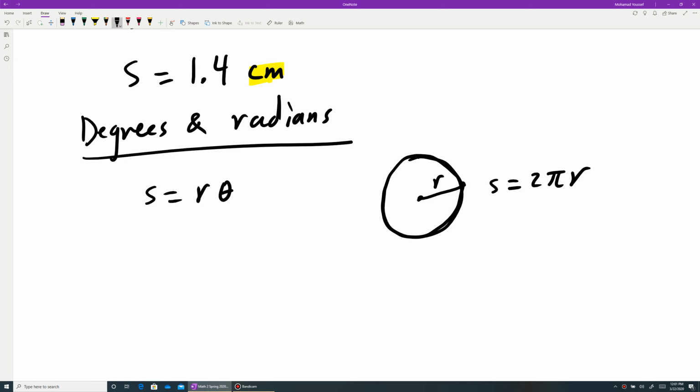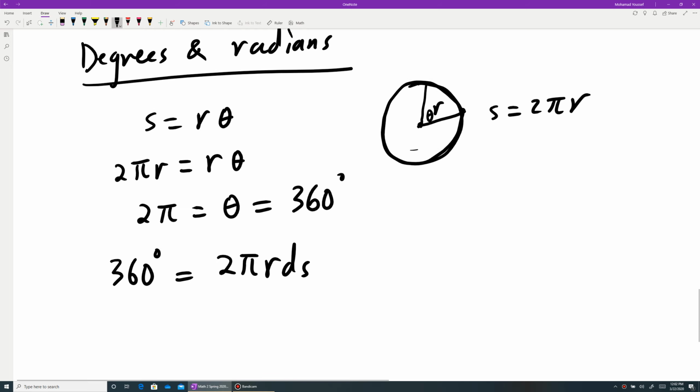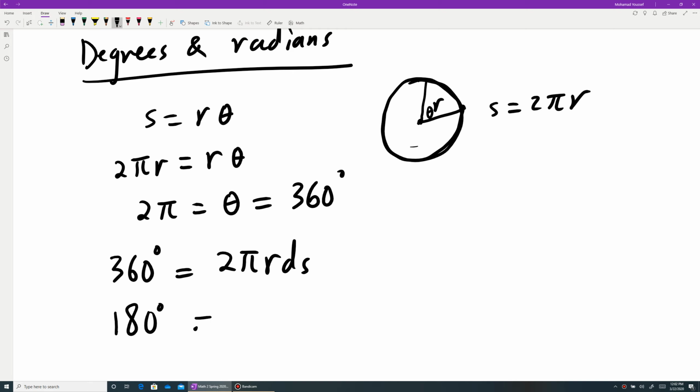If we substitute that in, 2 pi r equals r theta, and we divide by r. So theta, the central angle, which in this case is a full circle, is 2 pi. That means 360 degrees is equivalent to 2 pi radians. So it's good to know that 180 degrees is pi radians.